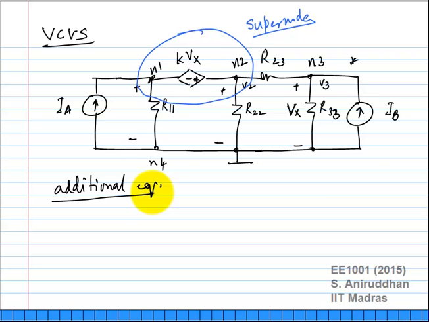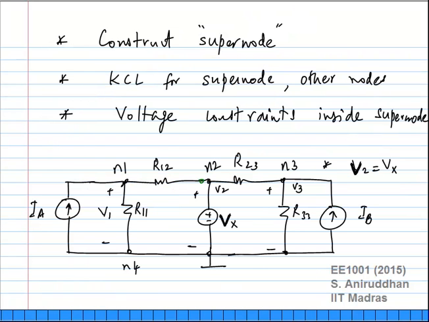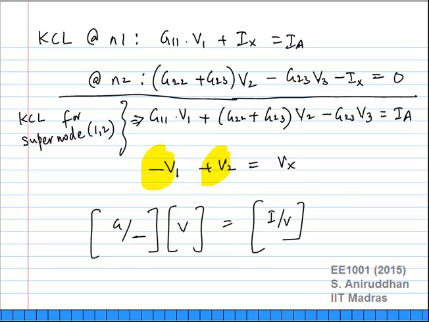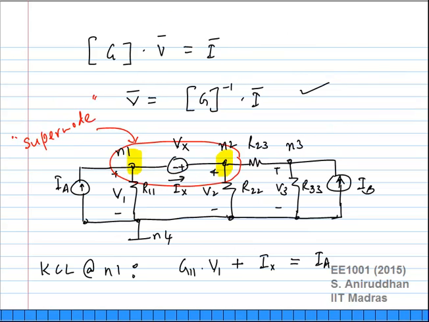Let's go back. We wrote down the voltage constraint between the nodes across which the independent voltage source was connected. We can do the same thing for the voltage controlled voltage source also.